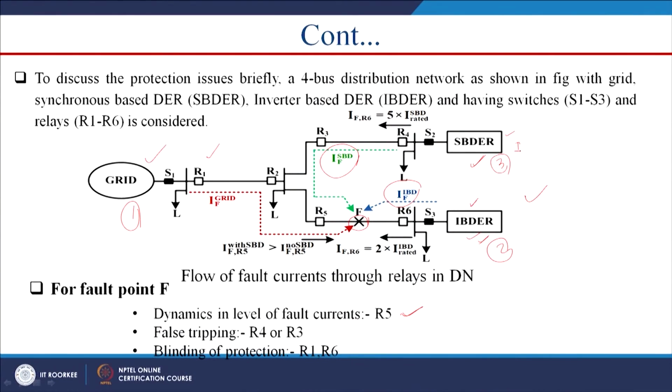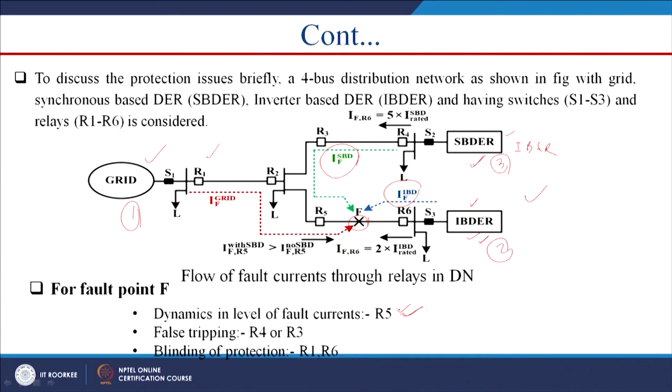Previously, if we had an IBDR type system, then the fault current seen by R5 would be 2 times the rated current. So in this case we have to change the settings from time to time, and this kind of system is known as adaptive setting of the overcurrent relay.